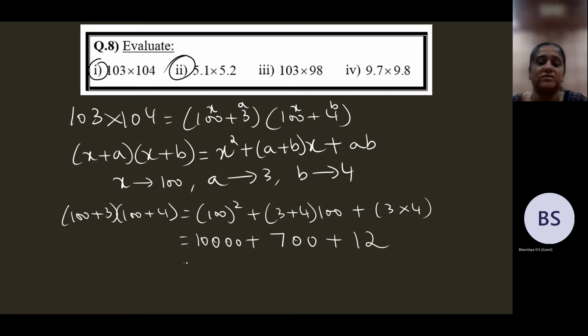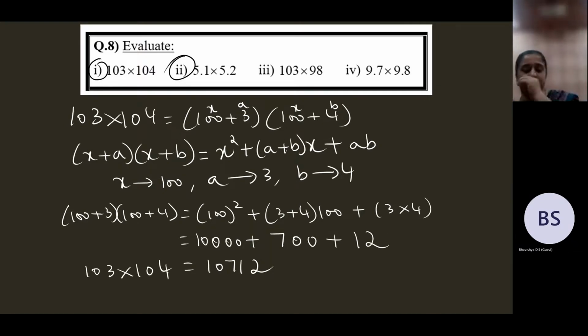What's the final answer? 10,712, ma'am. Very good. So 103 into 104 is equal to 10,712. Okay, so you can now try the second one, 5.1 into 5.2. Please do that. You can write on the first one and then try the second one. Yes, ma'am.